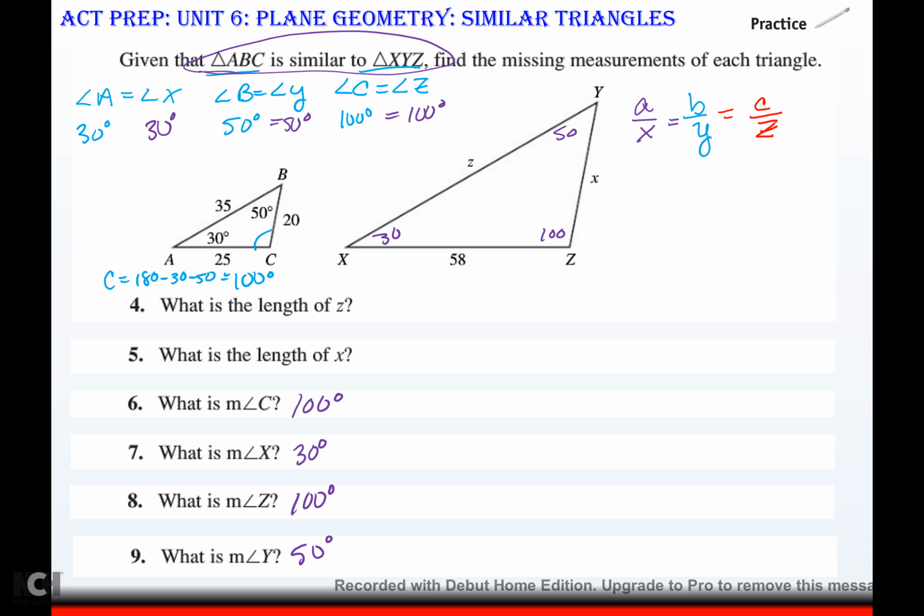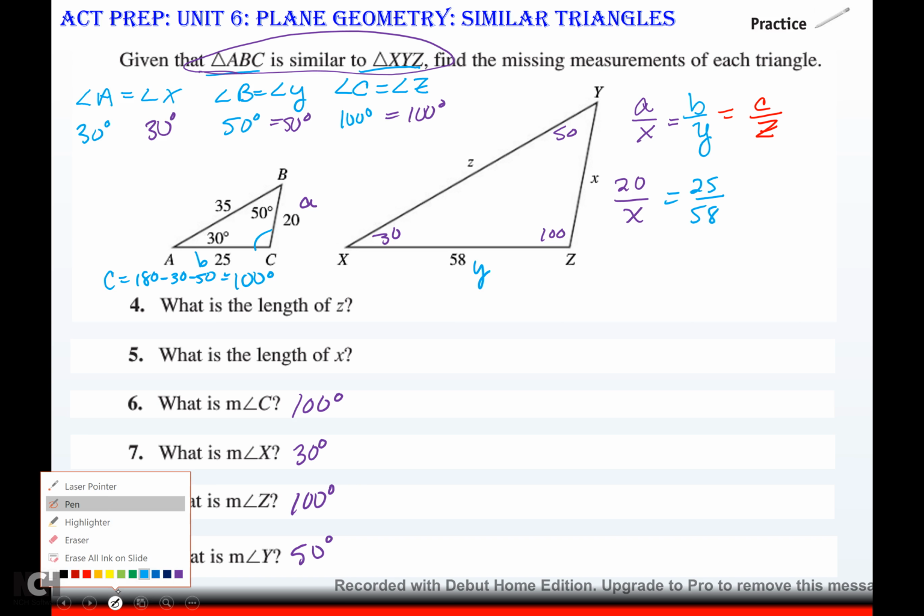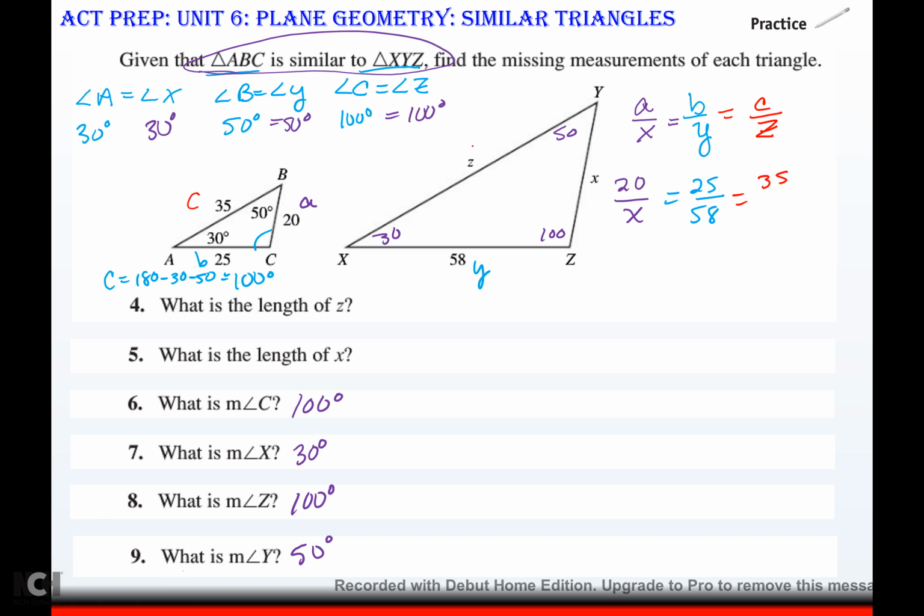So again, if I plug in my information, I know this is little a, this is little x, so little a is 20, little x is little x, and little b is over here, so that's 25, little y is right here, which is 58, and then I need little c, which is 35, over little z, which is little z.